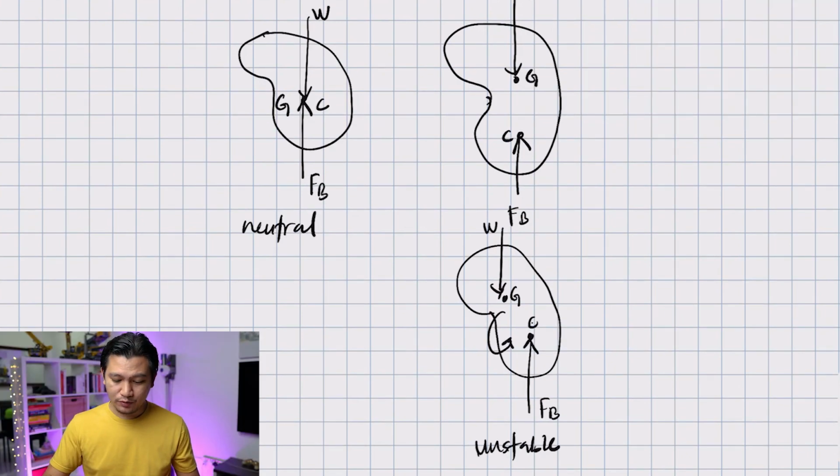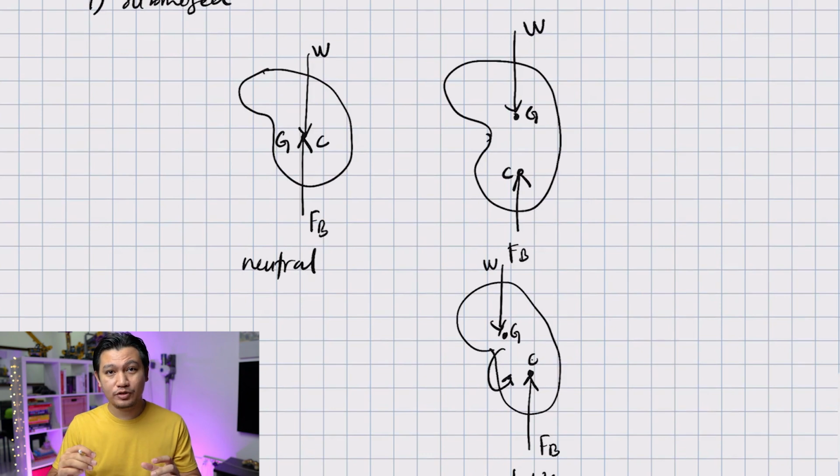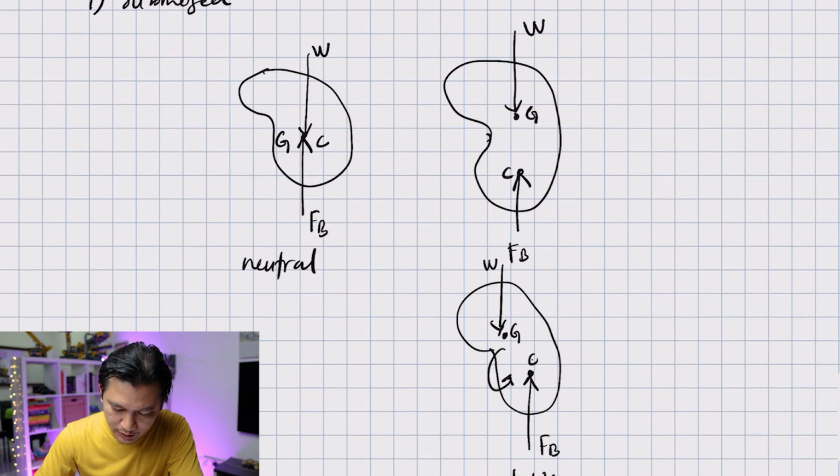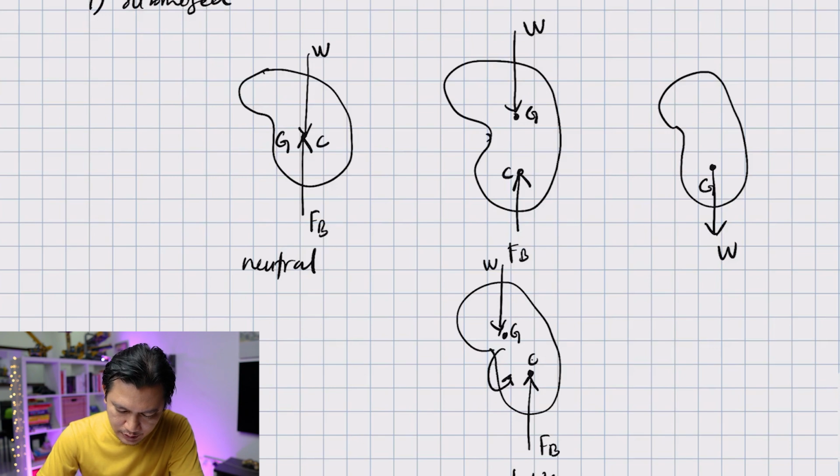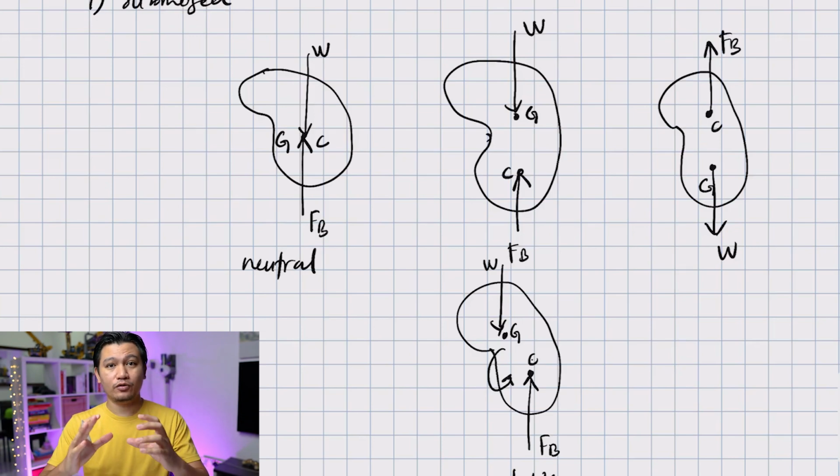There is one more case, where G is below C. Let's see what that looks like. So now let's say this is G, and this is the weight, and this is C. This is your buoyant force. Now C is on top of G. Let's take a look at what happens if a little rotation is applied to the object.